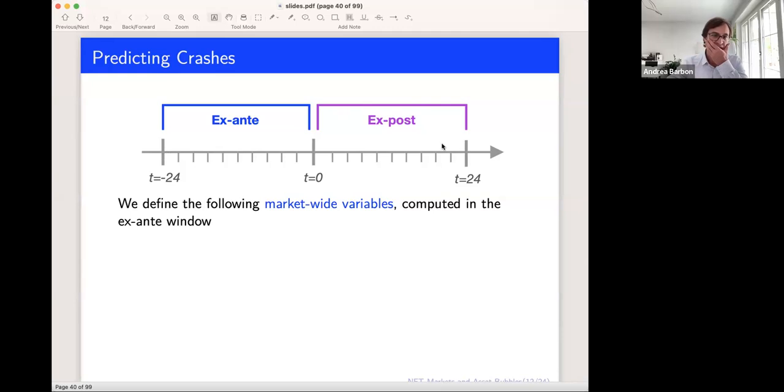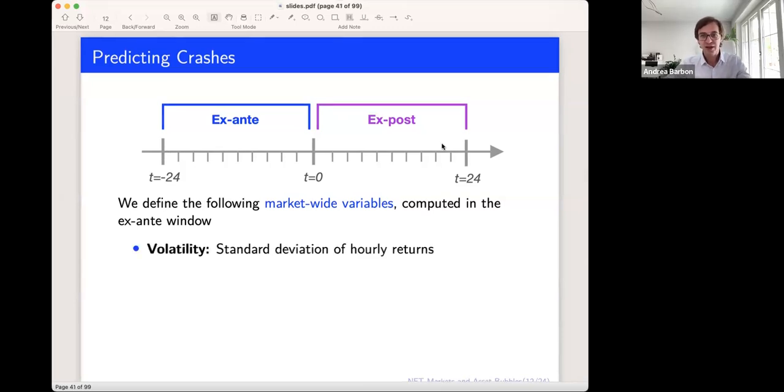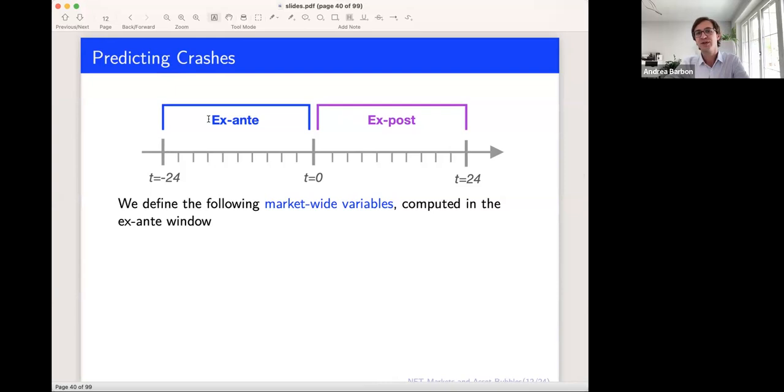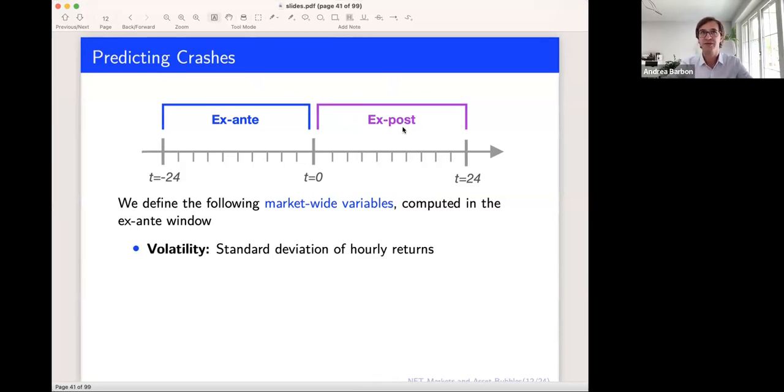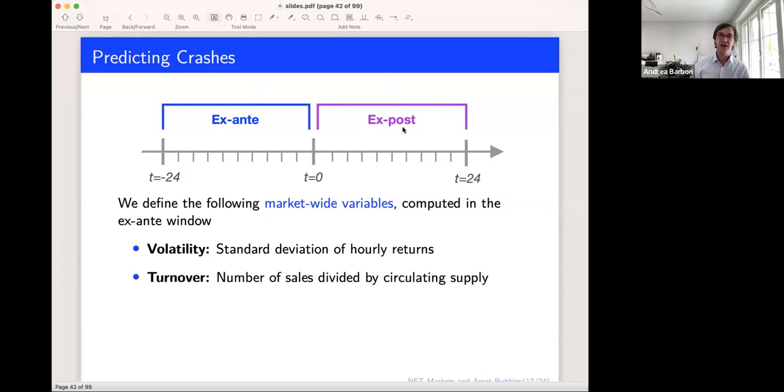We want to use some variables which are defined ex ante, so they are observable and measurable at t equals 0, and see if any of these variables is able to make a prediction about the return of the collection in the ex post window. We're going to use, first of all, volatility, so the standard deviation of returns in the ex ante window, then the turnover, so that's the number of sales divided by the supply of NFTs for that collection, in percentage.